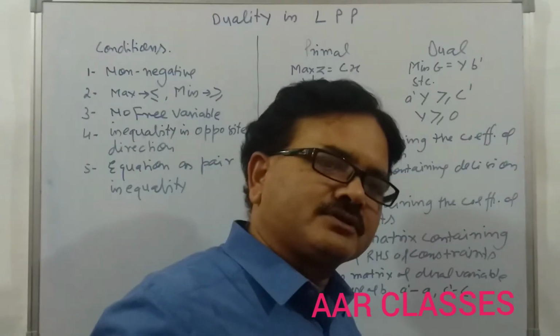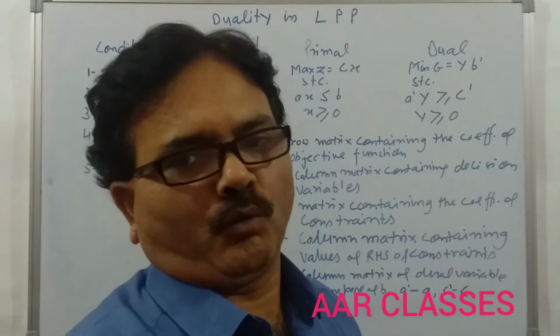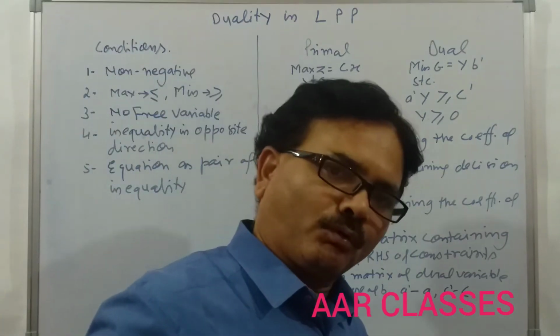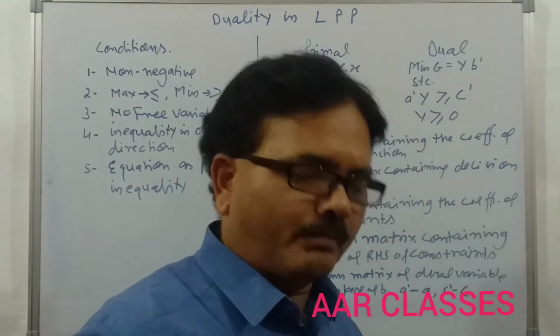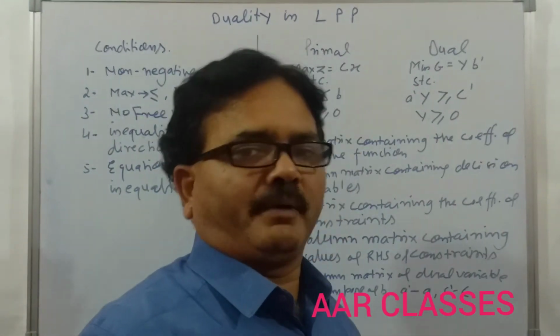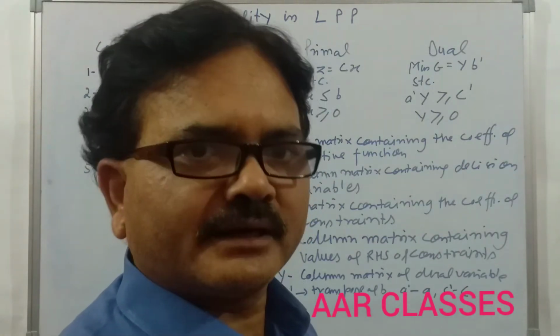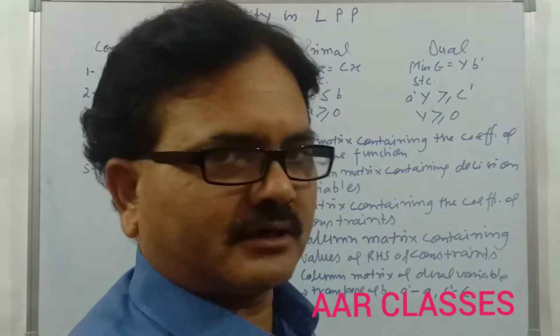Transpose of A means whatever is in a column is treated as a row, and whatever is in a row is treated as a column. I am not going into the detail of matrices and all. I hope that each of you understands it well.